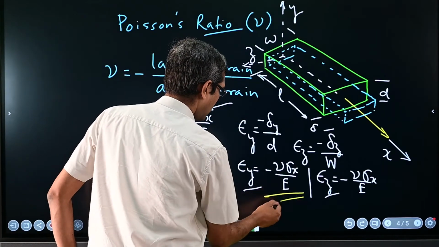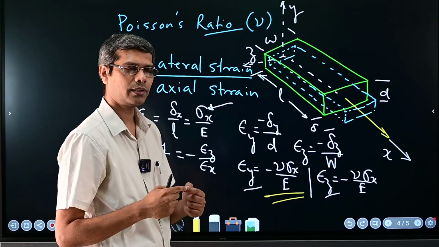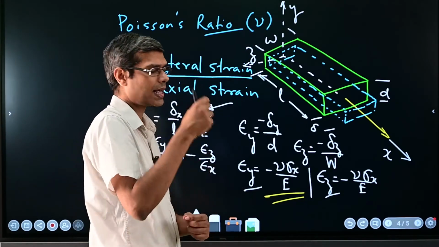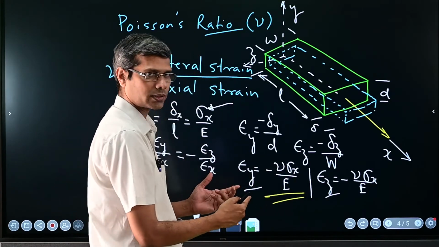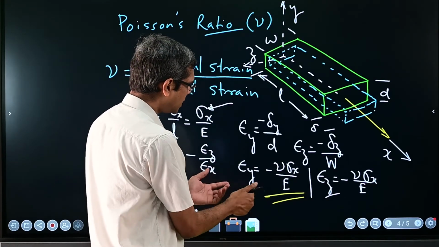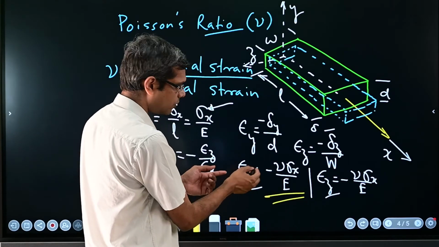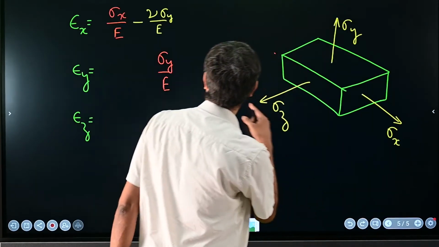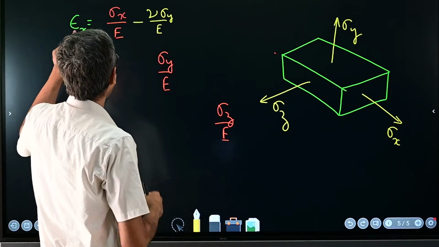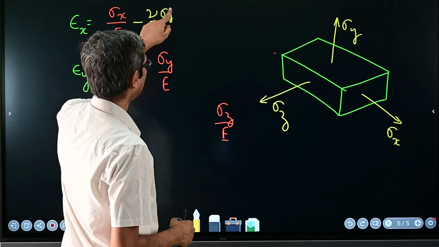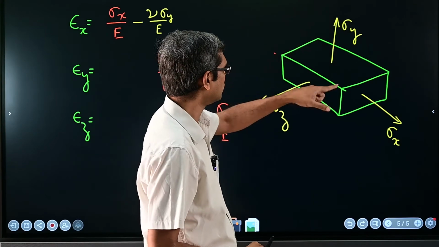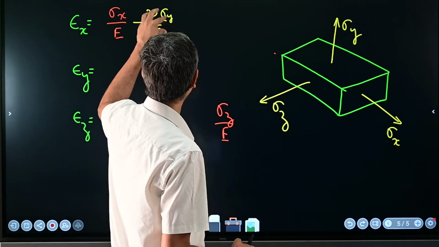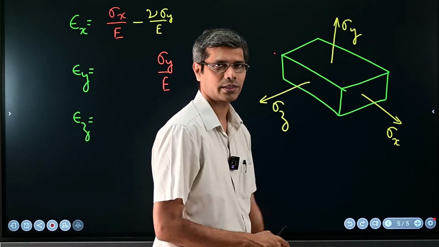When my axial direction is y, my lateral direction will be x. So I'm considering y as the axial direction, sigma y is pulled, and because of that a compression happens in the lateral direction x.